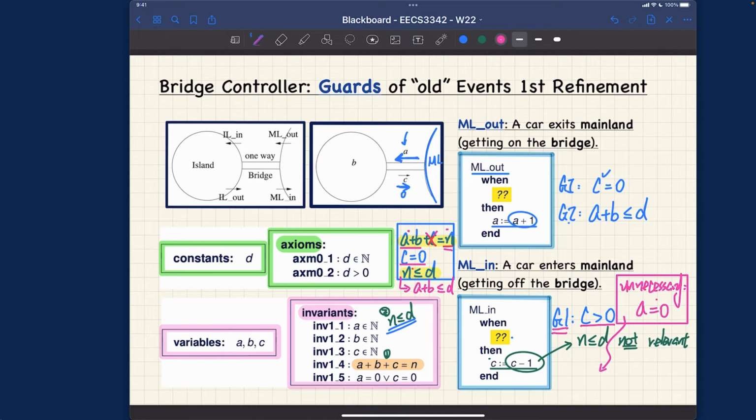So here we got invariants 1 and 5. We got A is equal to 0 or C is equal to 0. And our guard number 1 for this MLN over here is actually C larger than 0. And we know that C larger than 0 is actually going to make this particular part false. In order for the entire disjunction to still be true, the only option we got left would be A is equal to 0. Right? So that means if you actually got, let me just write it down.